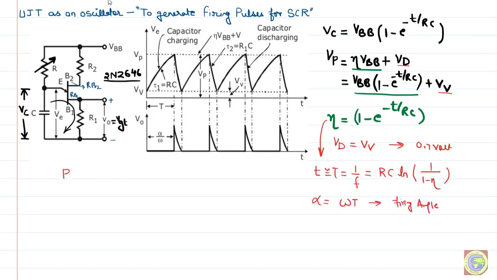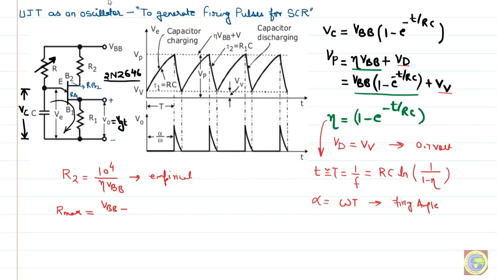R2 can be found by an empirical relationship, that is 10 to the power 4 divided by (eta times VBB). Remember, it is an empirical relationship. Now it's crucial.